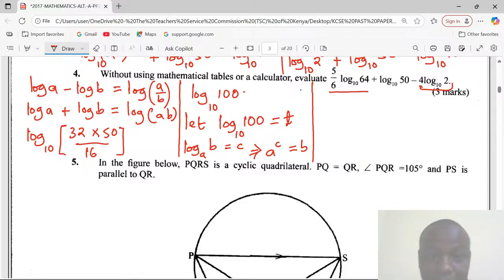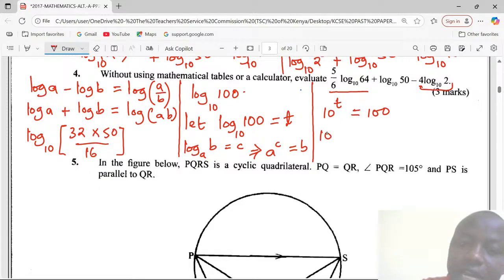We are coming up with the final step now. To change a logarithm expression to index notation, you've seen the relationship: if log of b to base a equals c, then a power c equals b. At that point we say 10 power t equals 100.